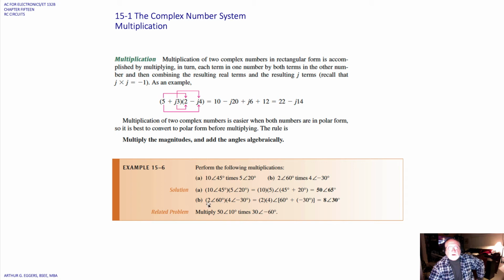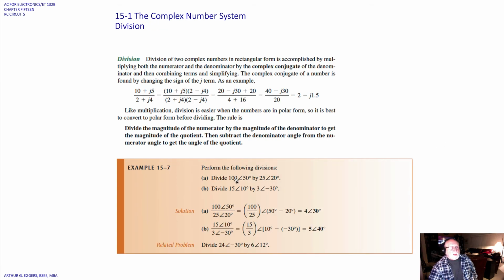In the second one, we've got 2 times 4, 60 minus 30. So 2 times 4 is 8, 60 plus minus 30 gives us 30. So it's a lot easier to multiply in polar form than to do it in rectangular.